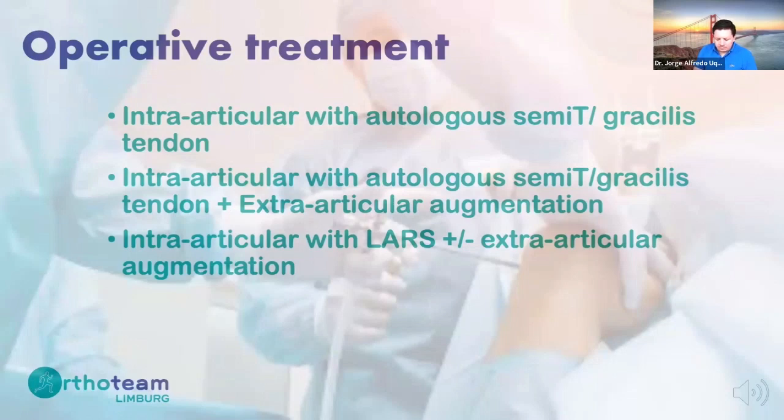And we saw that in our service we had a recidive rate of about 9% when we only did an intra-articular repair. And when we augmented it with an extra-articular monoloop reconstruction, we had a recidive rate of about 2%.